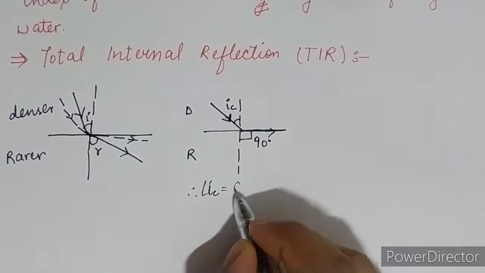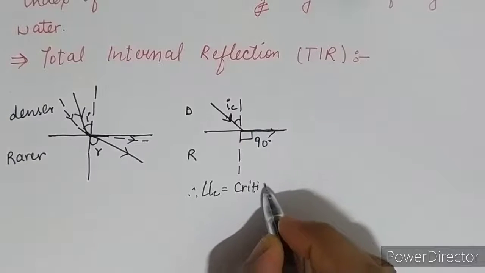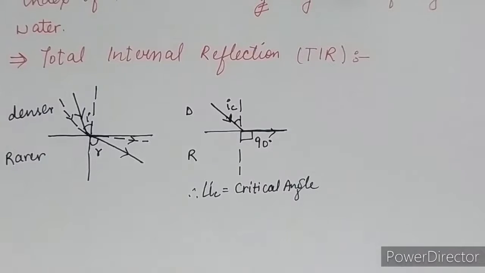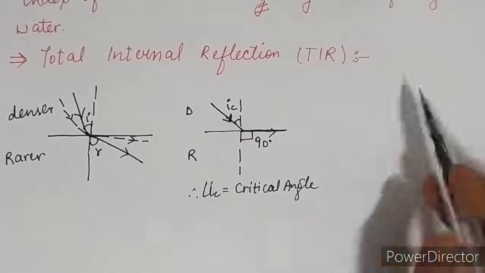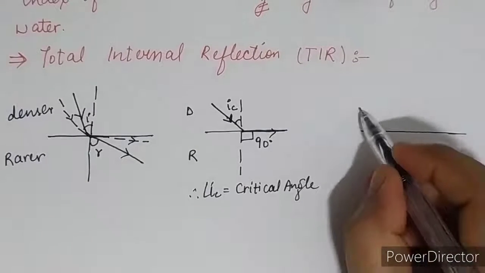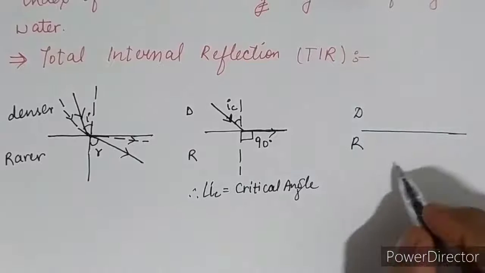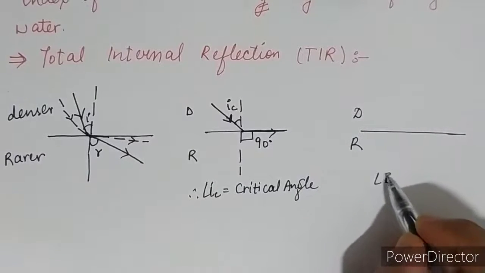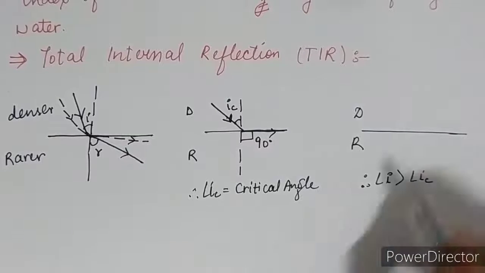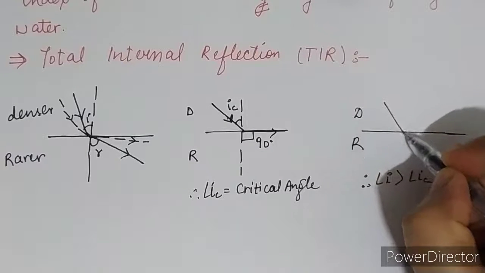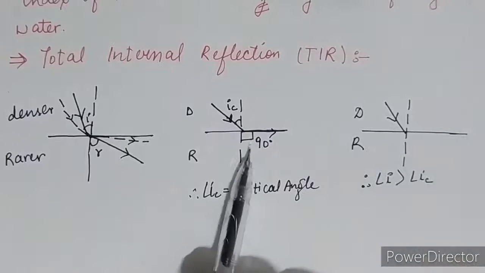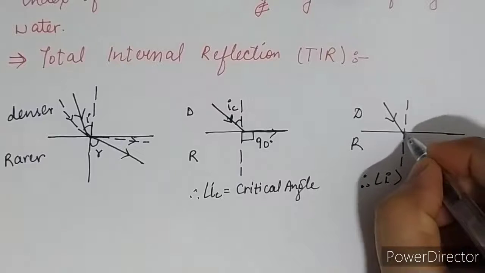IC is your critical angle. Now I slightly increase the angle of incidence when the light ray is coming from denser to rarer, so that it is greater than the critical angle. When this happens, the angle goes more than 90 degrees, it is like this.